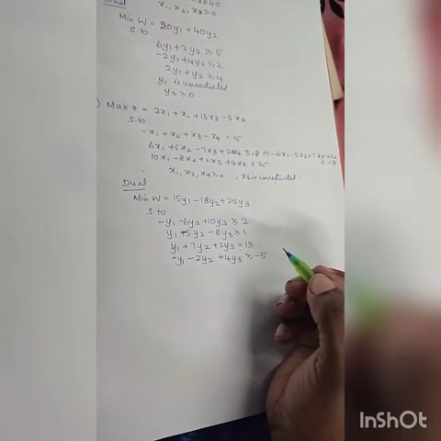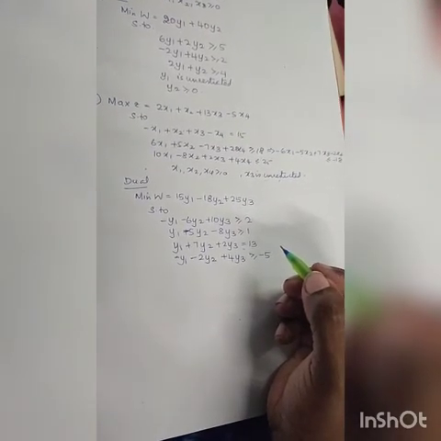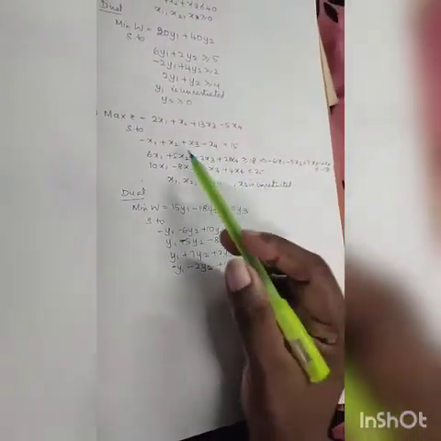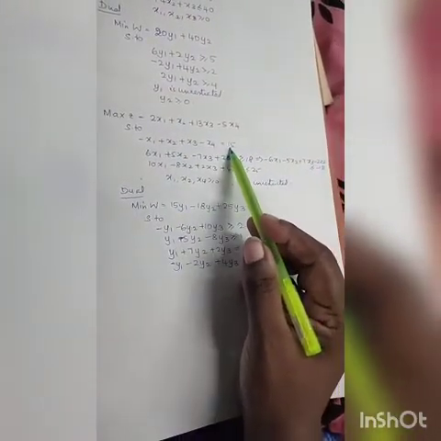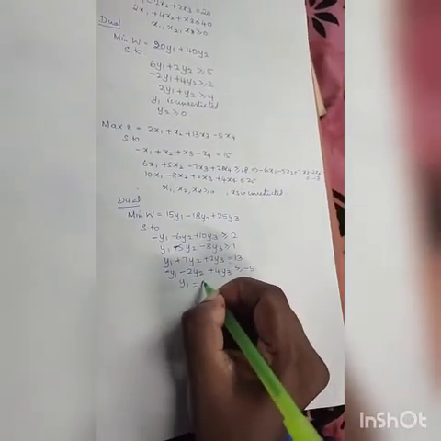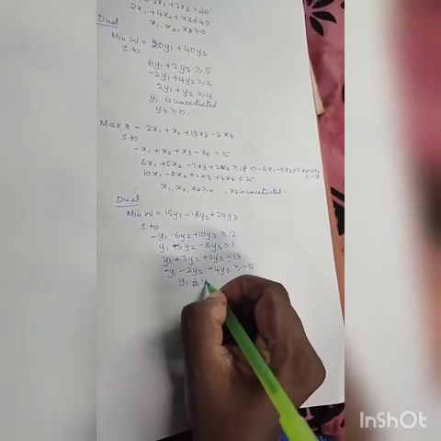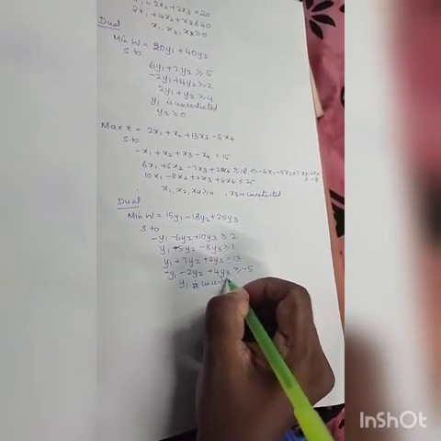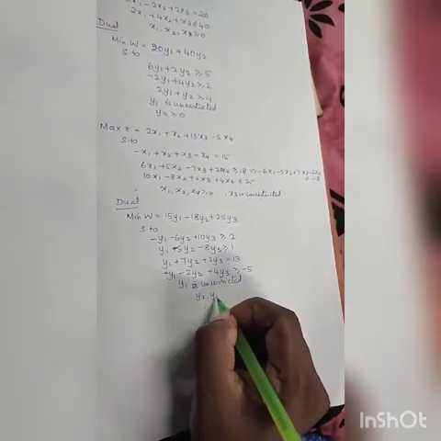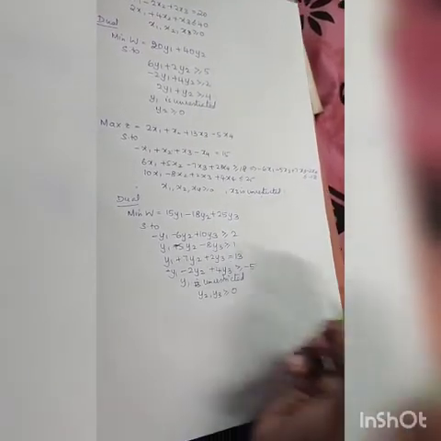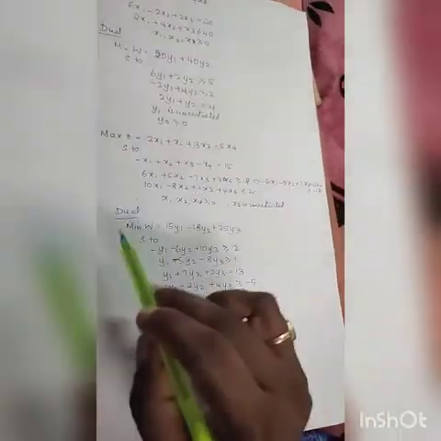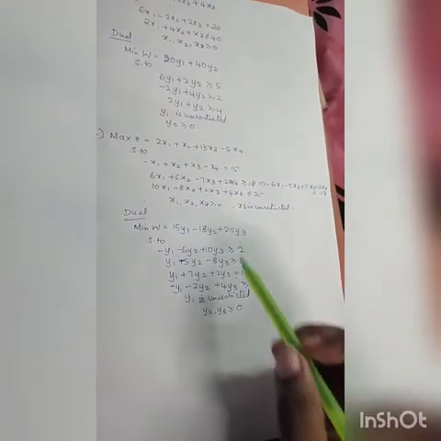Okay, and as usual the first equation is an equality, therefore y1 is unrestricted, and then y2, y3 are greater than or equal to 0. So these don't change. That's it. So this is your dual. For this primal, this is your dual.